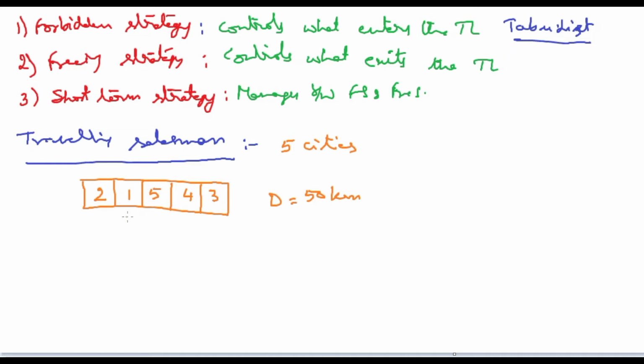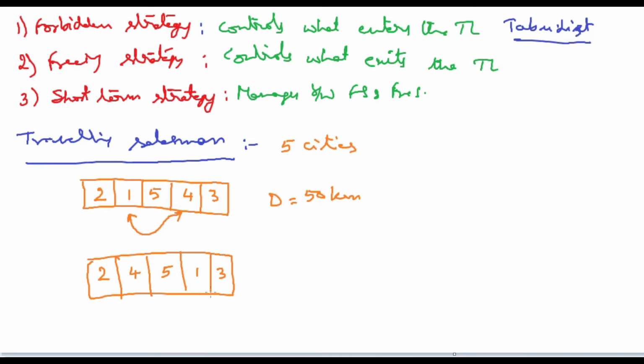So I want to interchange these two, 1 and 4. First he will visit the second city and then the fourth city, then the fifth city, then the first city and then the third city. So in this manner he has visited the cities.